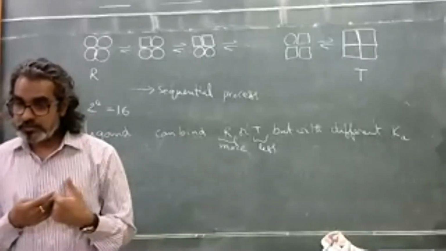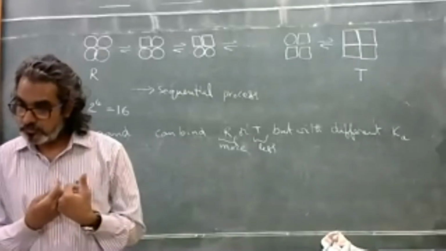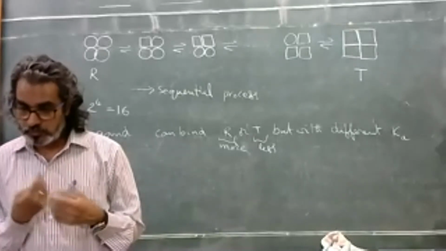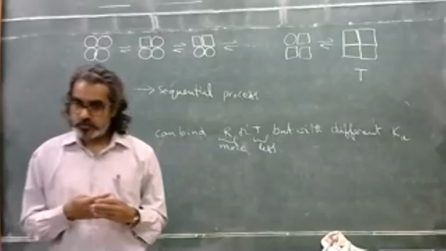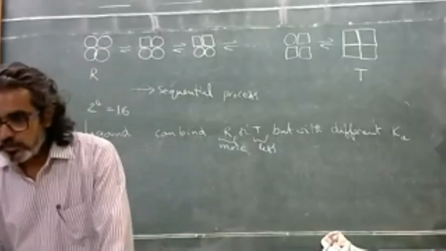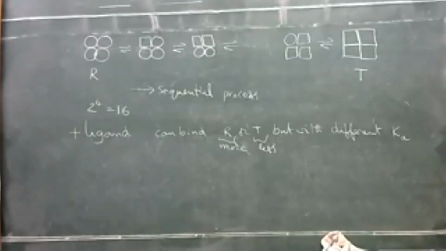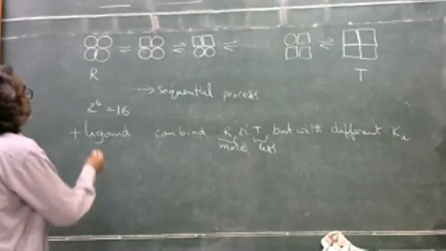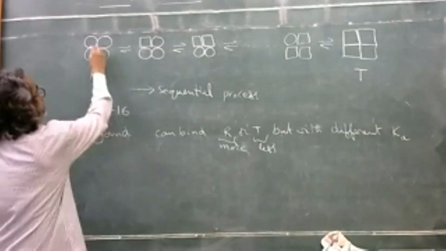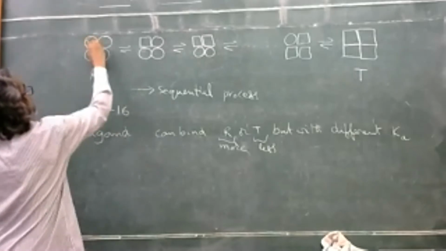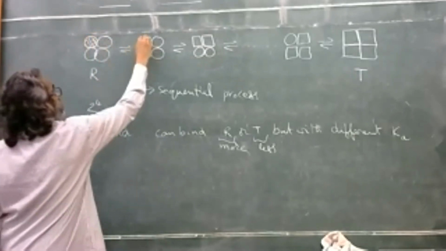So relaxed state is more predominant. Now I want to show you one picture, where you can really appreciate this. Let's say the bound one is a filled circle, versus this.